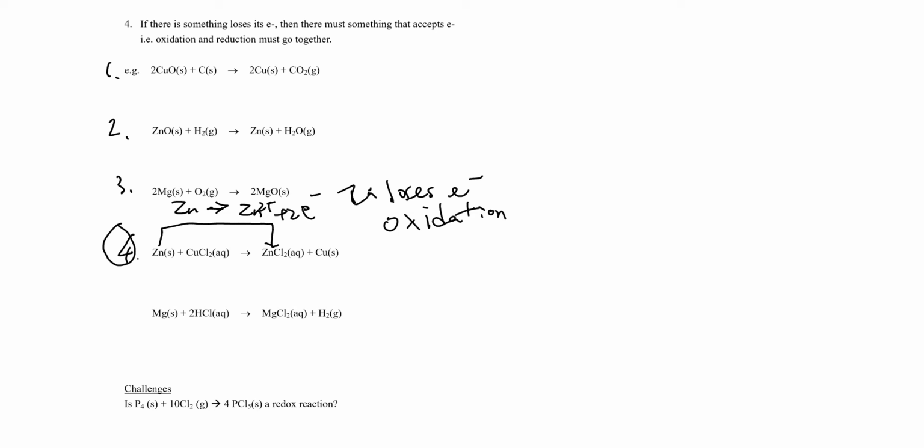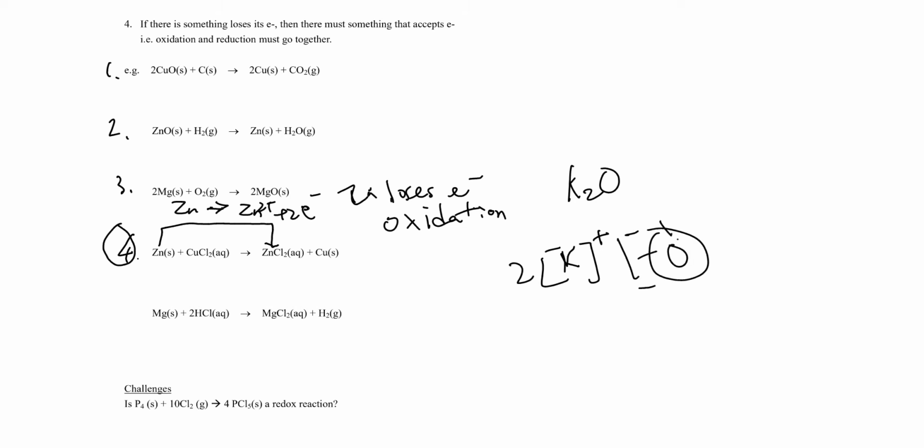Let's say I have potassium oxide, K2O. If you draw the electron diagram, we have 2 potassium and then oxide, so you have this electron diagram.